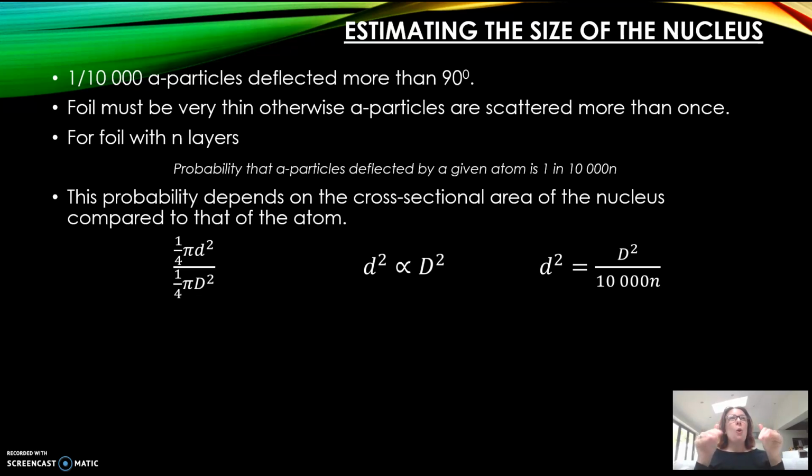There are twice as many people, so you're twice as unlikely to catch it. The probability, if you have 2 layers of people, would be 1 in 20,000. And then if you had another layer of 10,000 people, you'd be 1 in 30,000 likely to catch it. I hope that makes sense.